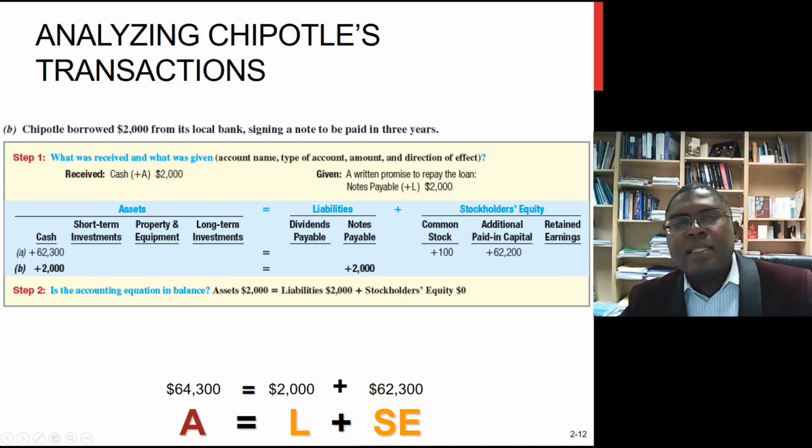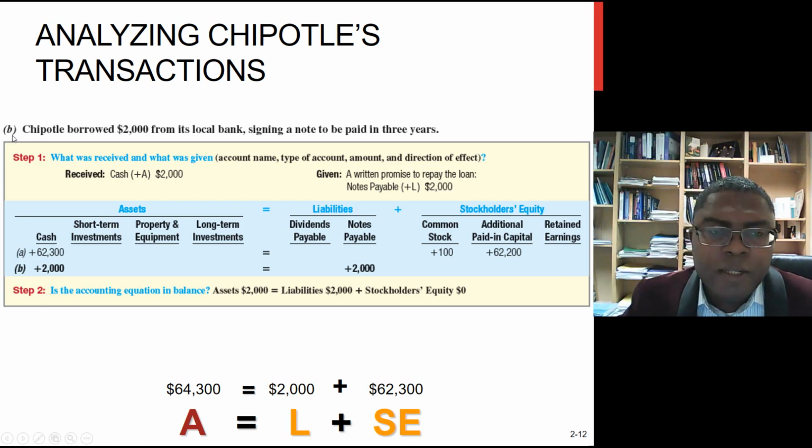So we can clearly see that from transaction B, the two accounts that are affected are cash and note payable. Then we ask ourselves, does the balance sheet equation remain balanced? The answer, of course, is yes. Cash is increasing, asset is increasing by 2,000, liability, precisely note payable, is increasing by 2,000.